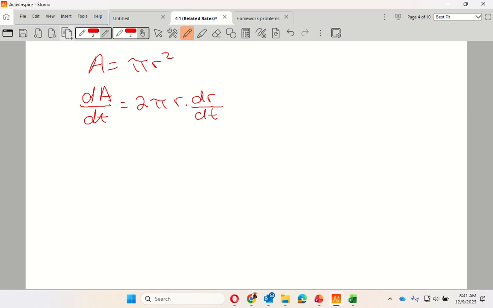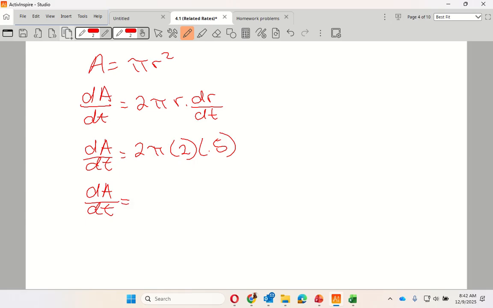So this is going to be dA dt equal to 2 pi, r is 2, dr dt is 0.5. Do the math, I get dA dt is 2 pi.